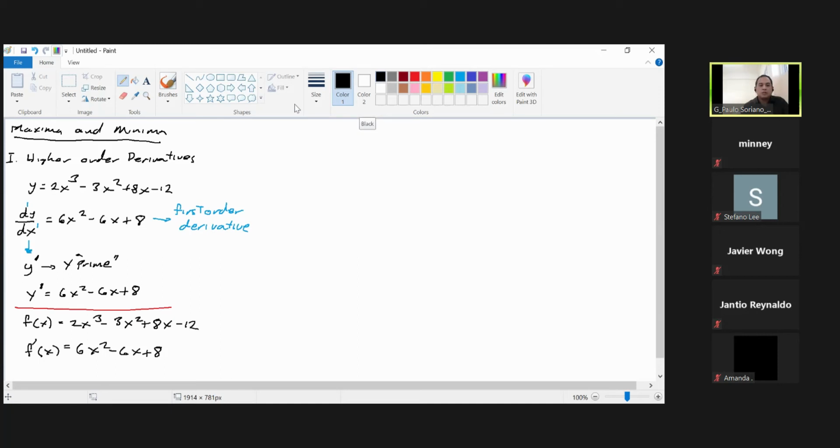Since we are now discussing higher order derivatives, and this is just the first order derivative, higher order derivatives are the next level of the derivative after the first level.